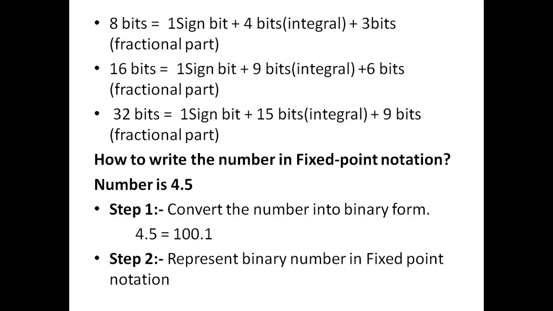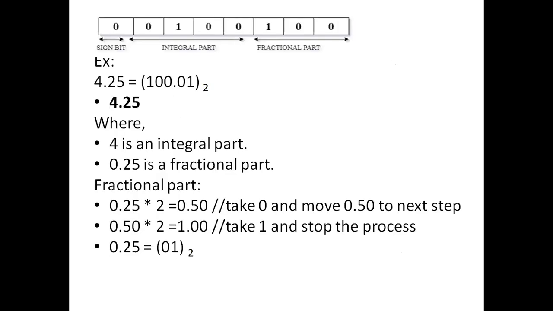Then these values are converted into the notation. The first field value is 0, because 4.5 is a positive number. For the second field we take the integral part, that is, the values before the point. The values after the point are stored in the fractional part.